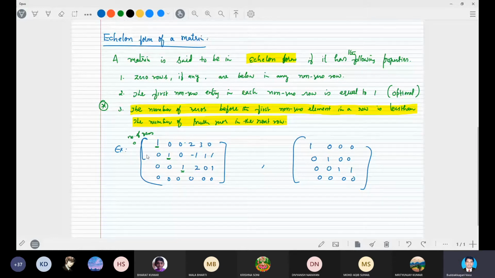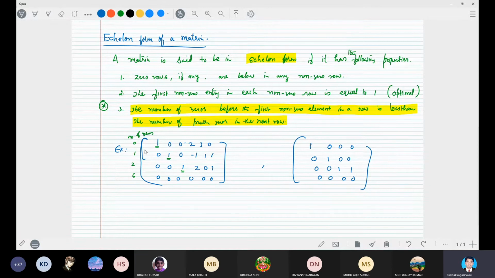Next, in the third row, 2. In the next row, 6. So this is the count of the number of zeros before the first non-zero entry of each row.